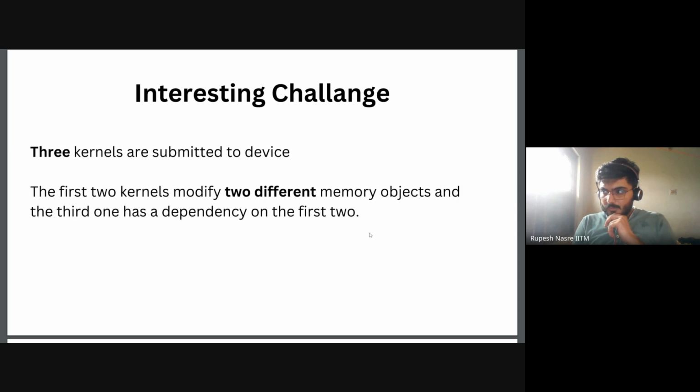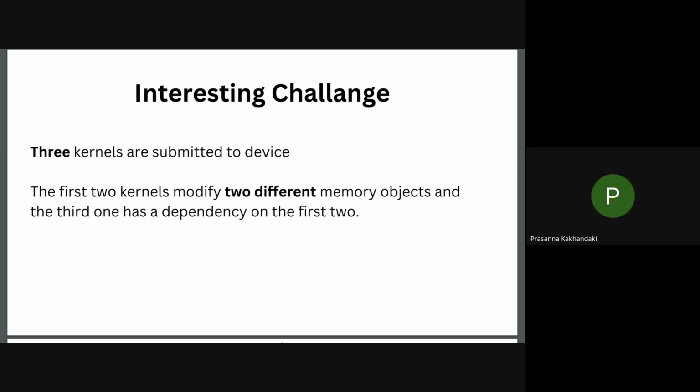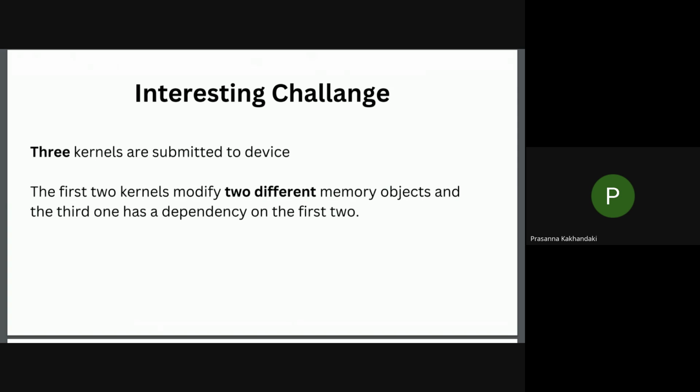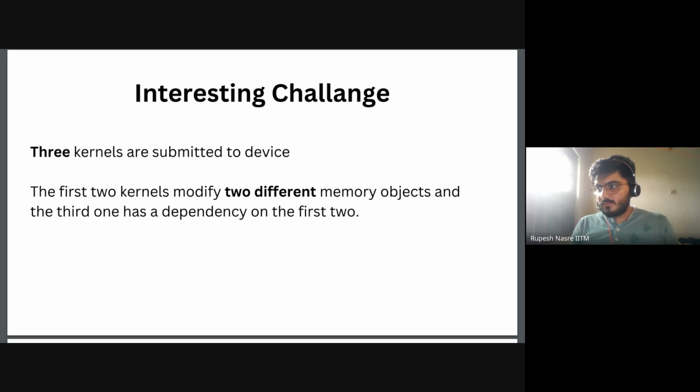Before that, I have a question. Shouldn't the developer ensure that all the commands or transfers in different kernels execute in the correct order before itself? Where are you saying this?